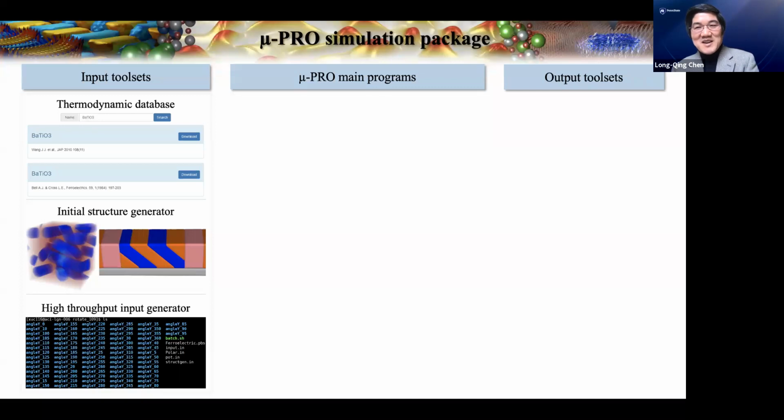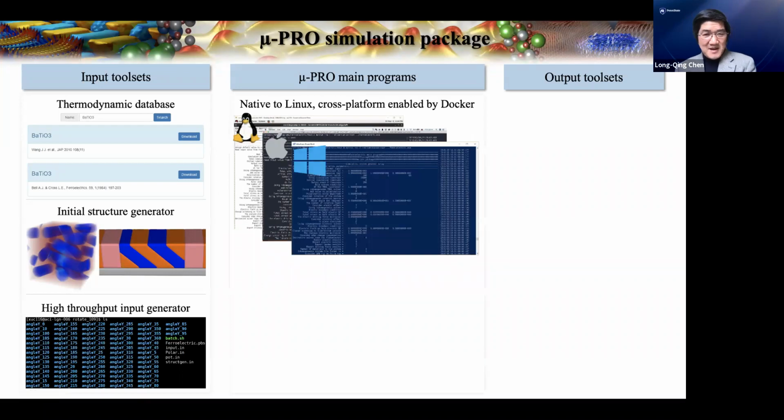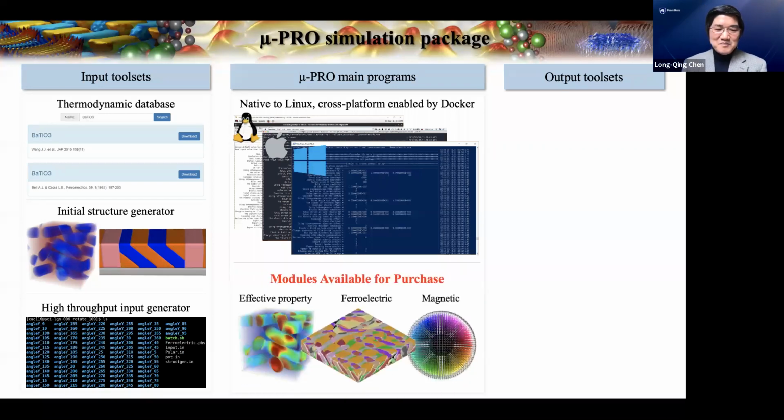In order to generate a phase diagram, you will need to look at different compositions and different temperatures, and try to determine what the equilibrium phases are. So here we're almost doing the same on a computer, but we can do it in a high throughput way. And the code is native to Linux systems, but we can run this using a Mac or PC also.